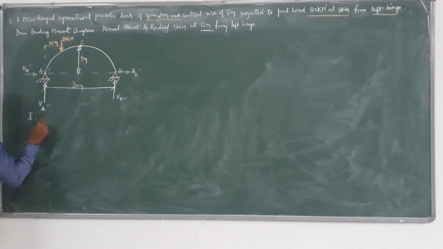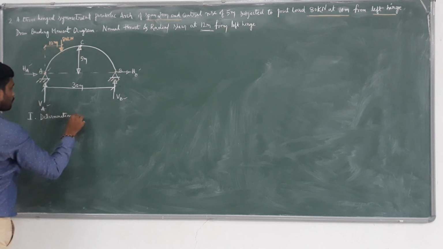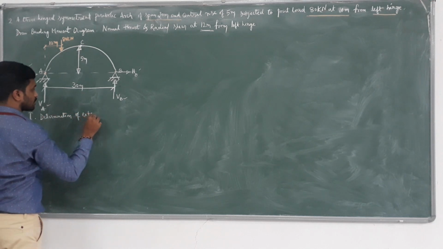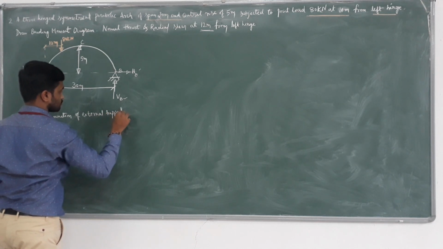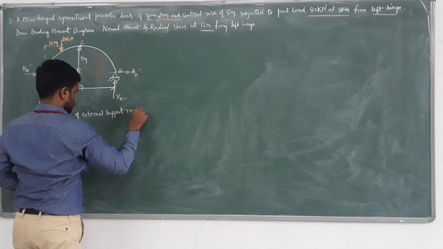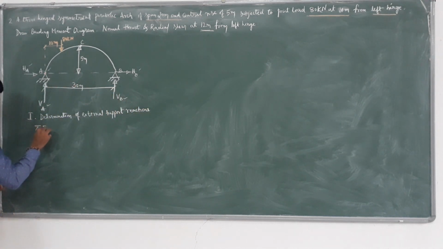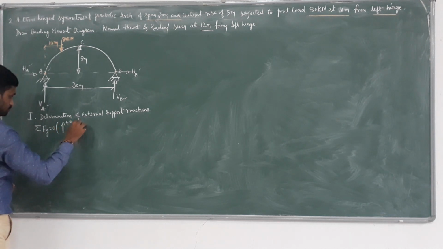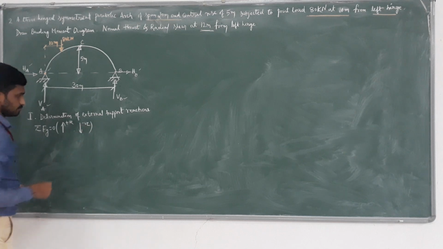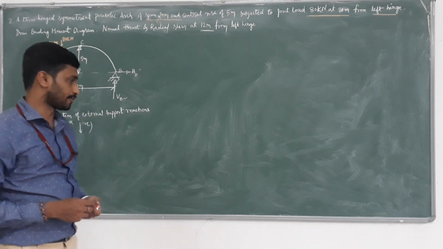So the very first step is determination of external support reactions. Apply sigma Fy equals 0. The general sign convention is upward forces are treated as positive, downward forces are treated as negative.